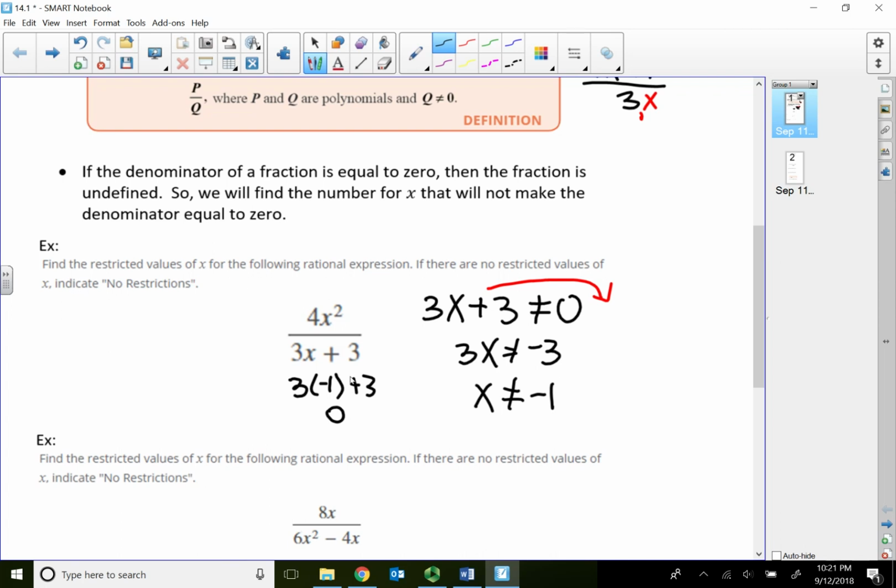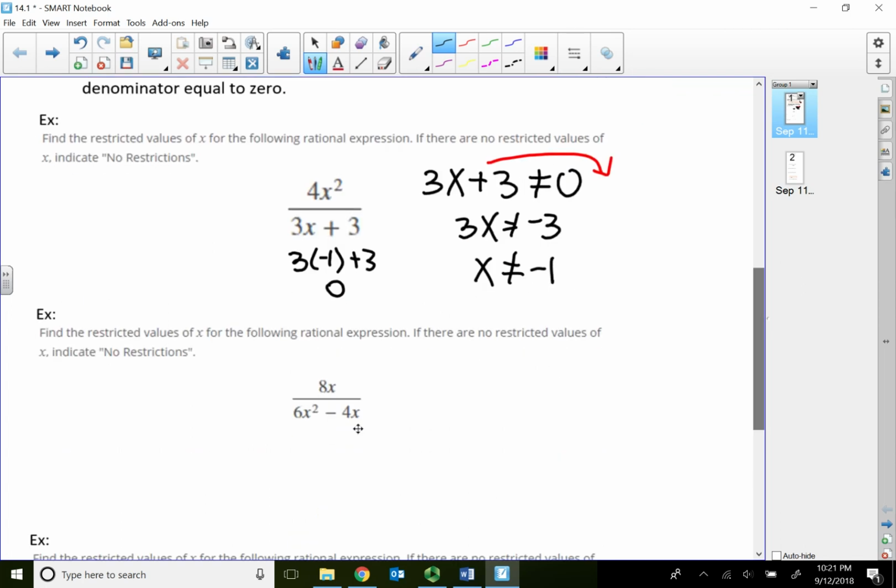So what number for x will make my entire fraction undefined? Negative 1 would. So that means x cannot be negative 1. Basically, all we do is set the denominator equal to 0 and solve for x, so we know what x cannot be.